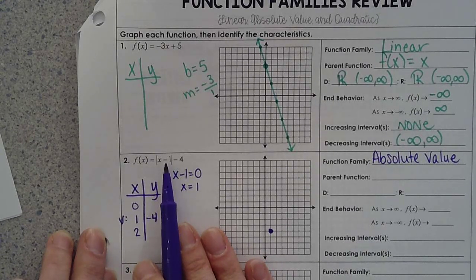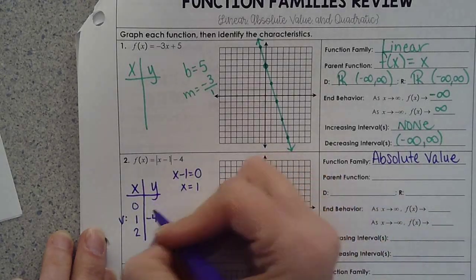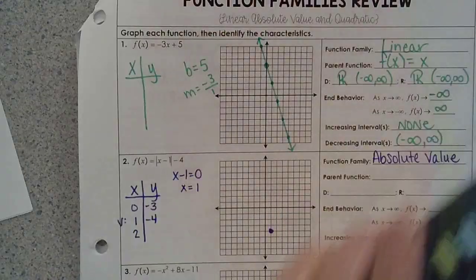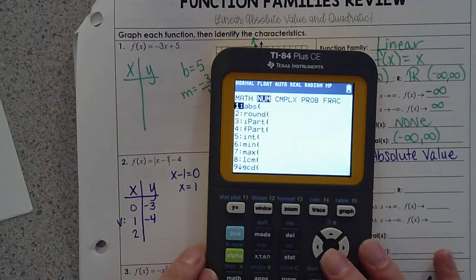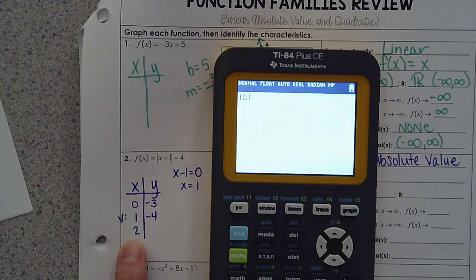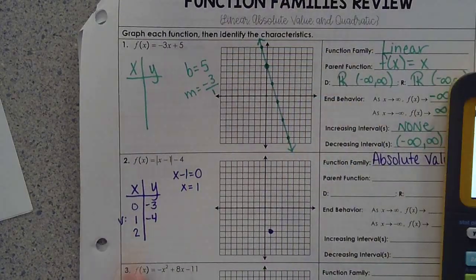The absolute value of negative 1 is positive 1. 1 minus 4 is negative 3. Okay, you can also do this in your calculator using the math menu to get to absolute value. I'm going to put 2 in this time. 2 minus 1 minus 4, and I get negative 3.